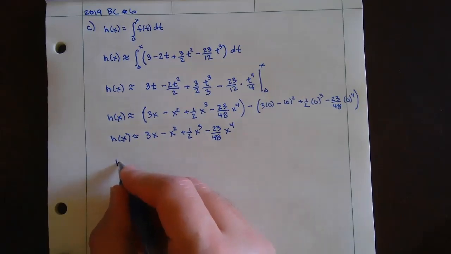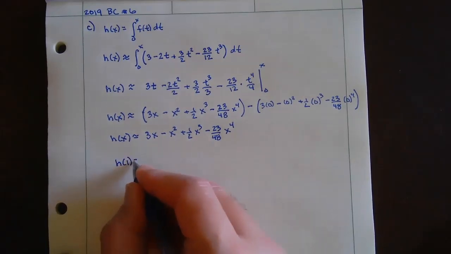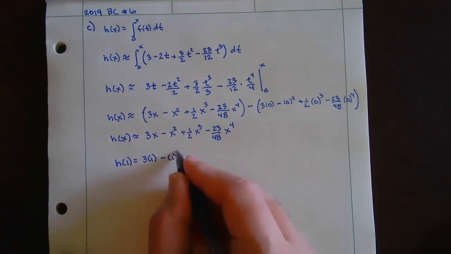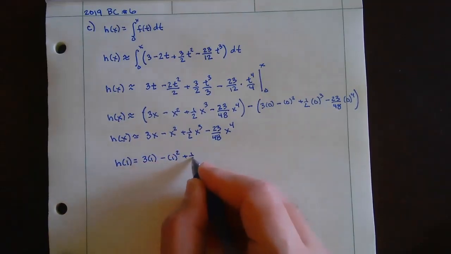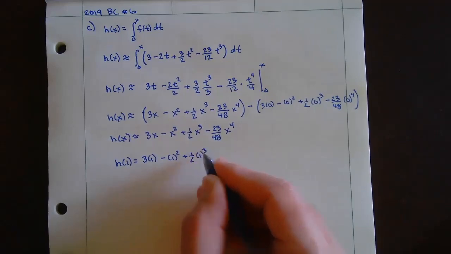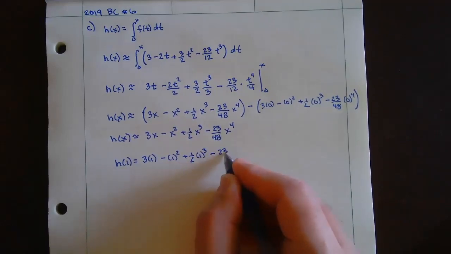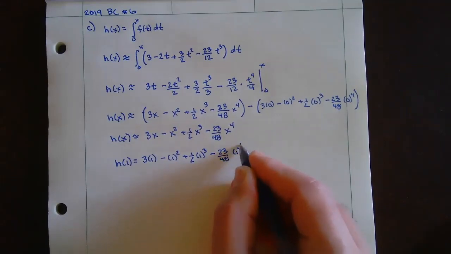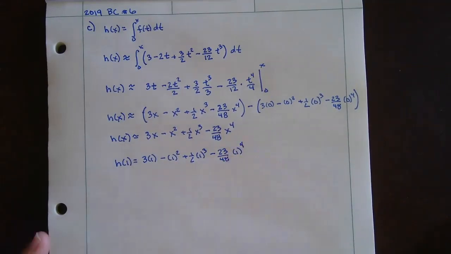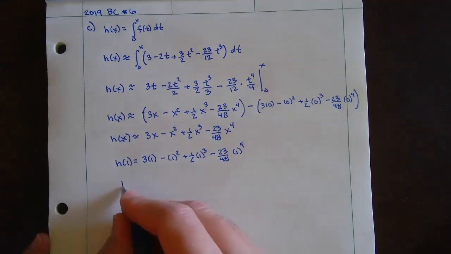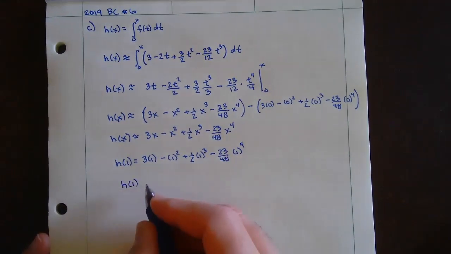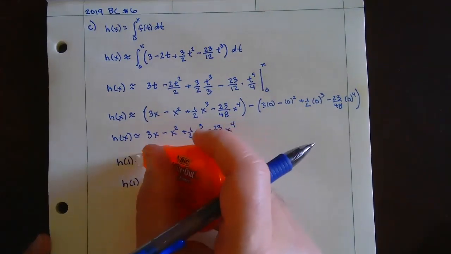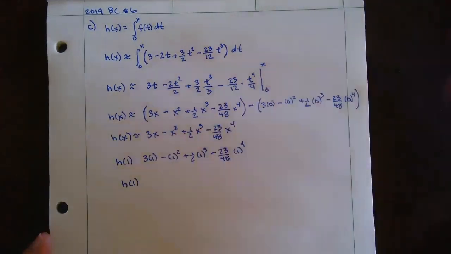All right, so h of 1 would be 3 times 1 minus 1 squared plus 1/2 times 1 cubed minus 23 over 48 times 1 to the fourth power. Okay, so that means h of 1, actually, I shouldn't put an equal here because this is an approximation for h of 1, right?